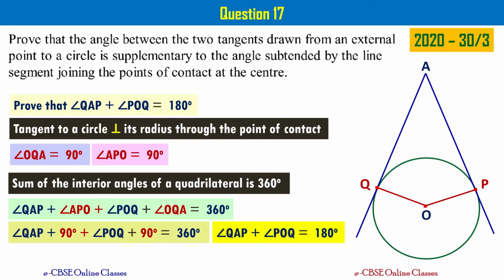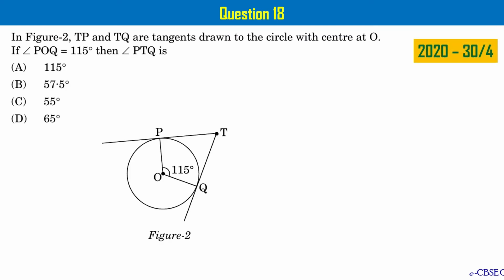Let's go to the next question, that is question number 18. In figure 2, TP and TQ are tangents drawn to the circle with center at O. If angle POQ is 115 degrees, then what is angle PTQ? This is the question, and we are given four choices. We have to find one of them.